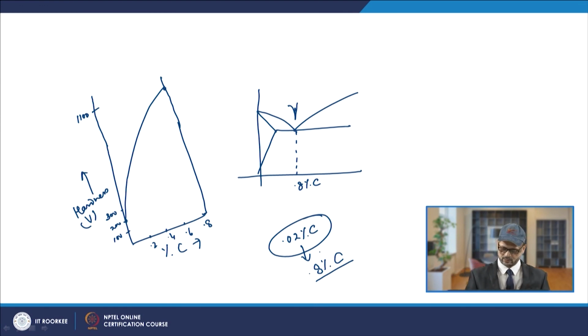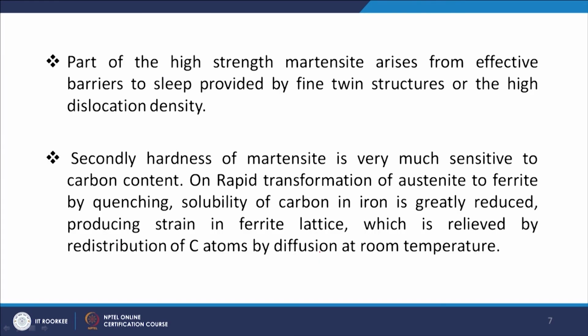And as we discussed, when you are doing the rapid transformation of austenite to ferrite, the carbon solubility will be greatly reduced as the temperature comes down. That will produce a strain in the ferrite lattice, which will be relieved by the redistribution of carbon atoms by diffusion at room temperature, and so there will be a strong binding.